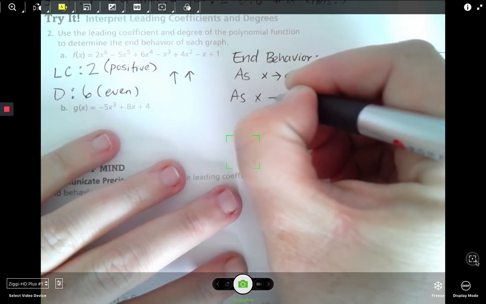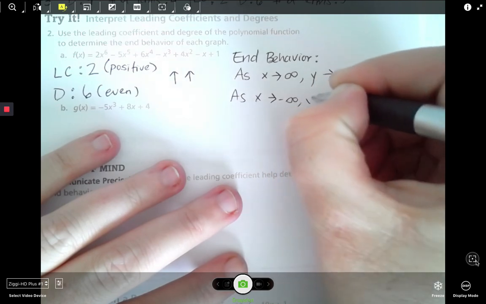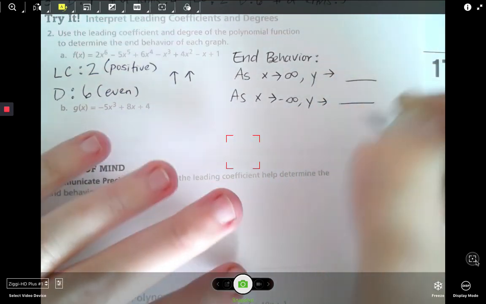As x approaches negative infinity, y approaches blank.